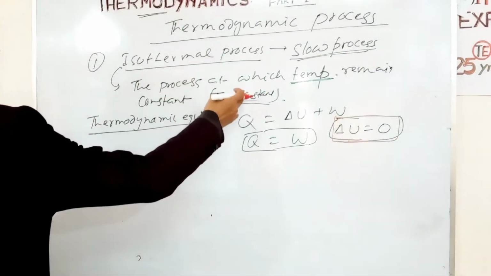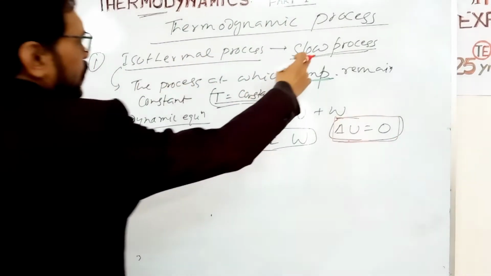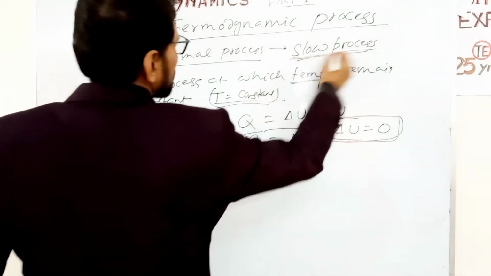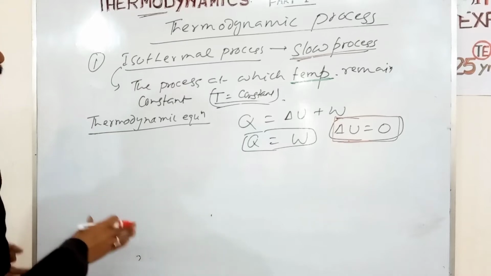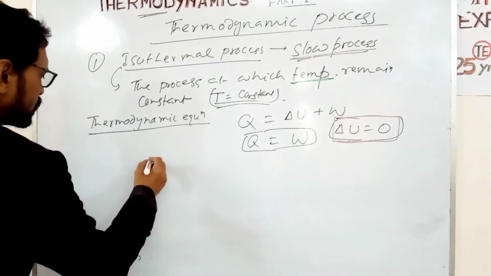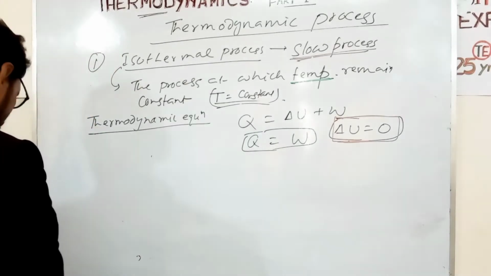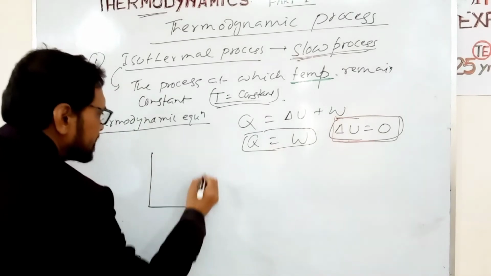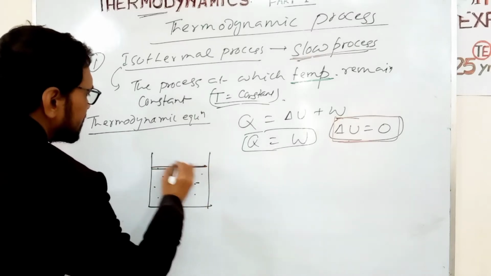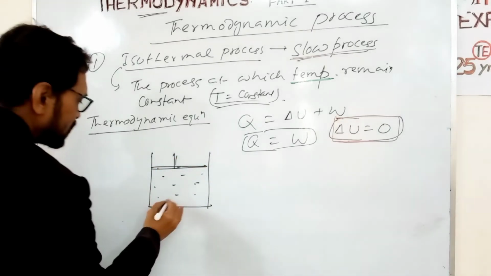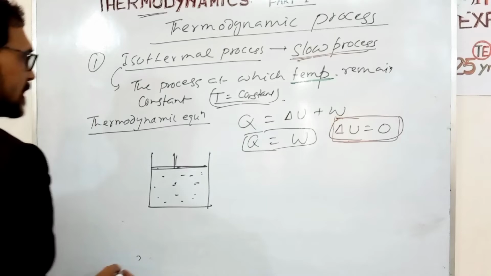Temperature is constant in the isothermal process. Now why is it called a slow process? To maintain the isothermal process, our procedure should be slow. Suppose some gas is enclosed in a cylinder with a piston.